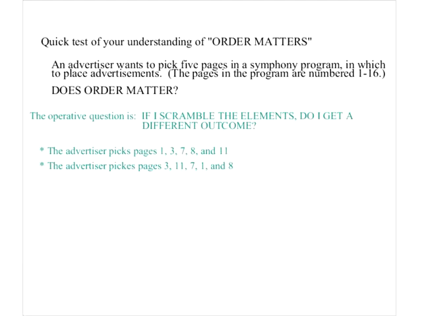These are exactly the same outcome, because notice we haven't specified different ads to go on these different pages. We just said we had to pick 5 pages. So these are the same outcome. Okay, everybody give me a smiley face if that makes sense to you. Give me the non-smiley face if this is confounding to you.